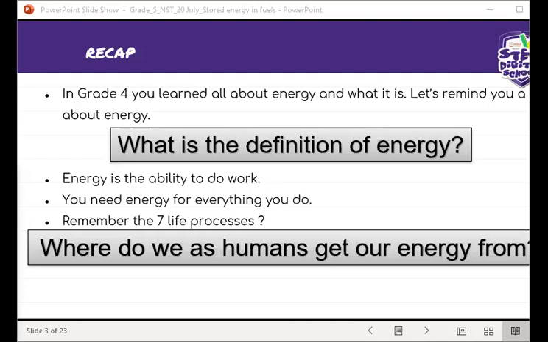Let's hear what Karina has to say. Where do we as humans get our energy from, Karina? I see Liseji in the group says from the food we eat. Kota says from the sun. Karina, there's no sound coming from you. Lianda? Ma'am, I was going to say food, but someone already said it.